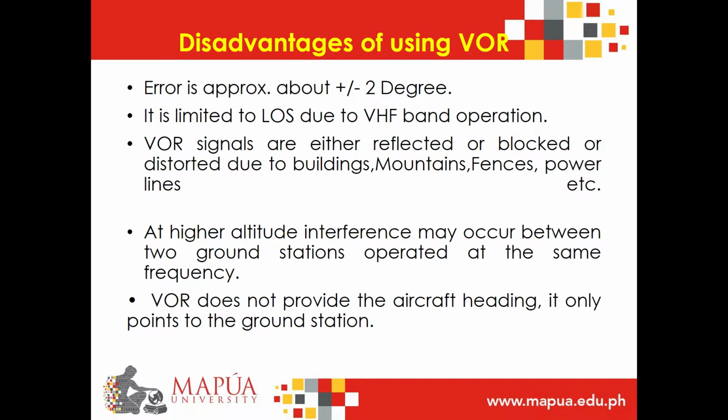VOR signals are either reflected, blocked, or distorted due to buildings, mountains, fences, power lines, and so on. Which means that it is almost similar to a microwave system. At higher altitude, interference may occur between 2 ground stations operating at the same frequency. VOR does not provide the aircraft heading, it only points to the ground station.